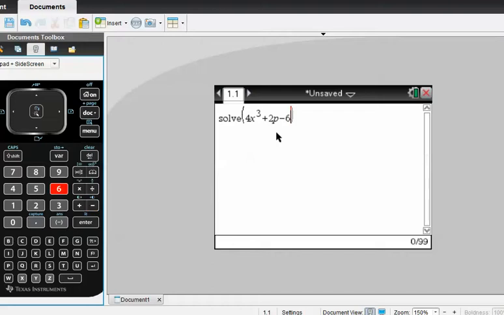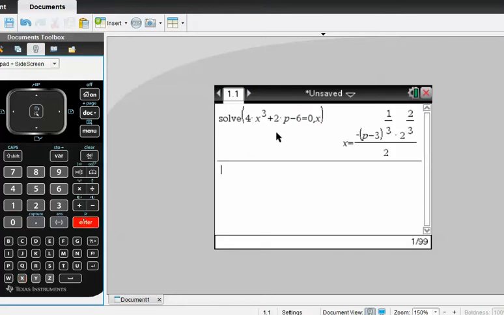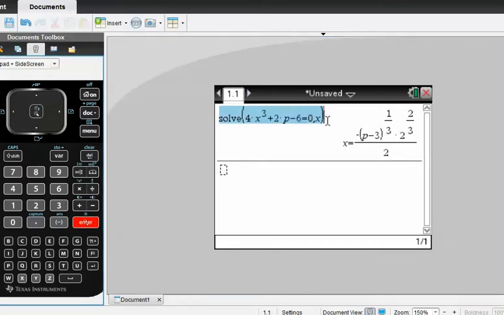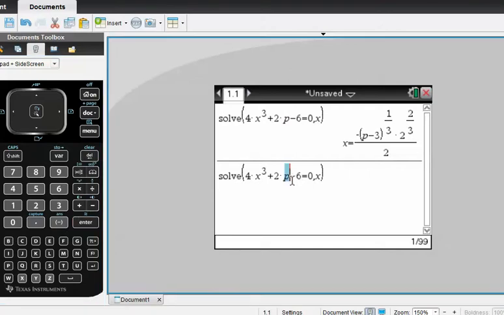And we want to find out when that is equal to 0, and we want to solve that for x. Oh, and I put a p instead of an x. Okay, let's go back. So that needs to be an x.